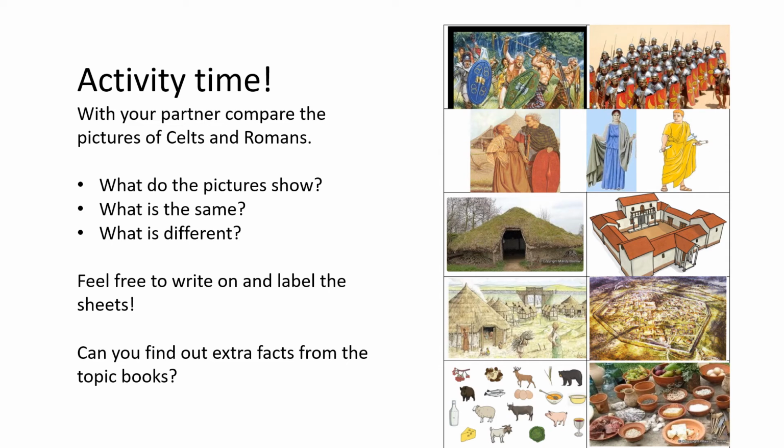What is the same about these pictures? What is different? Feel free to write around it. It might be the case that you find it easier to type your answers or to write your similarities and differences and what you spot on a piece of paper and take a picture to send it in.